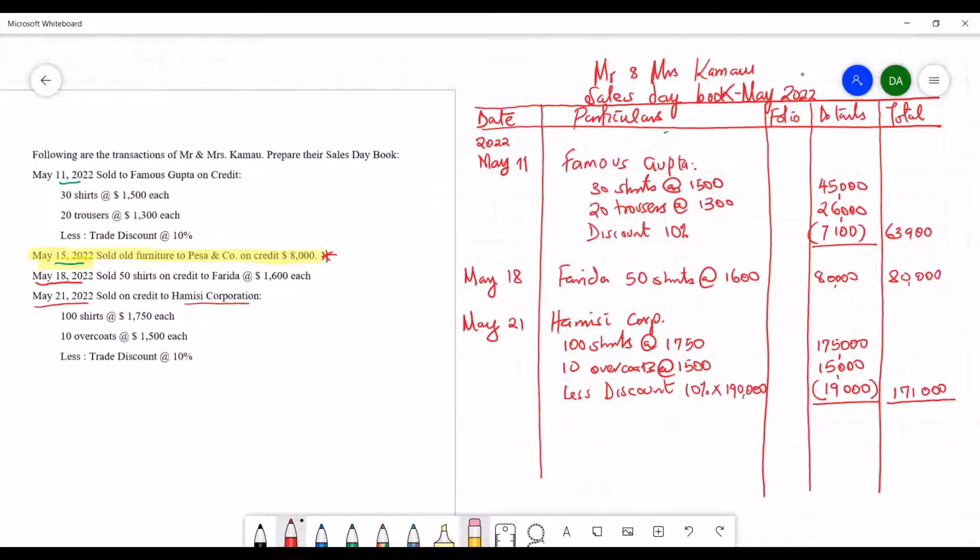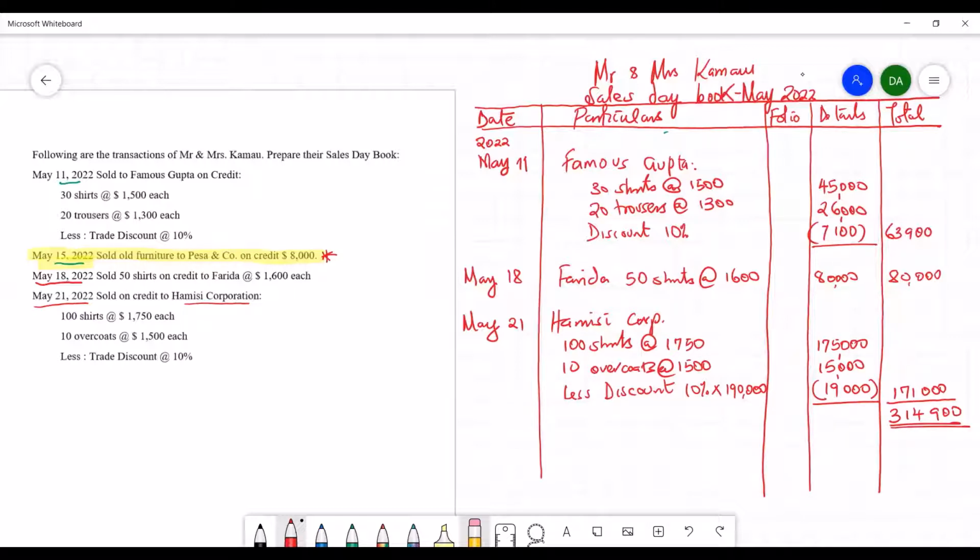Right, so that is the end of all the transactions. Therefore, we need to get the total by having 171,000 plus 80,000 plus 63,900. And that is giving us a total of 314,900.